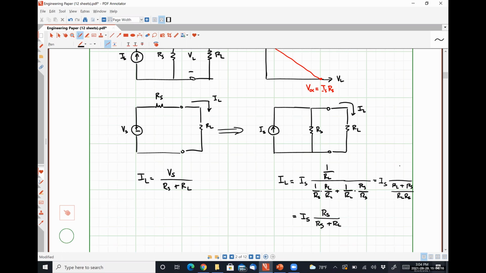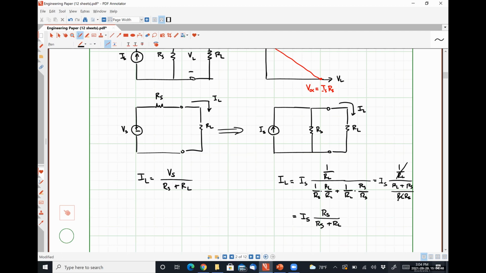And then up here, I just have 1 over RL, right? So I have a factor of 1 over RL in my numerator that I can get rid of, and a factor of 1 over RL in my denominator that I can get rid of. And so I'm left with 1 over RL plus RS divided by RS. So when I take the reciprocal of that denominator, that's where RS over RS plus RL comes from, okay?